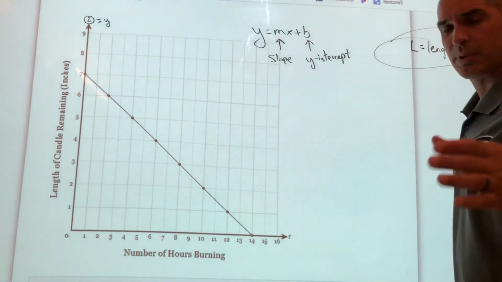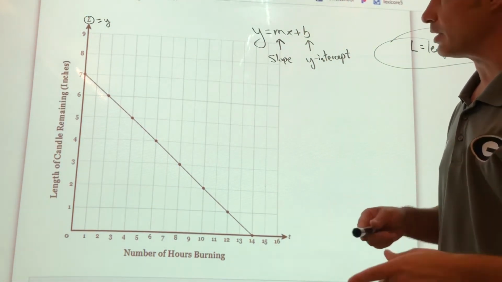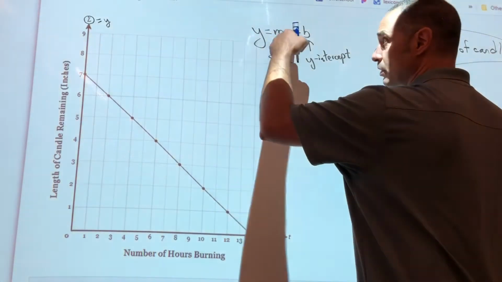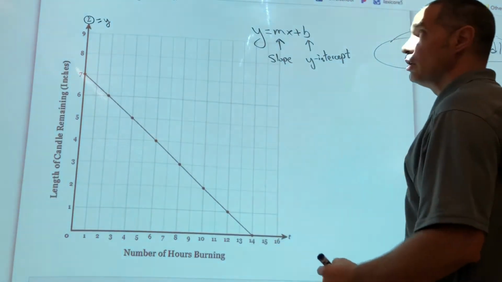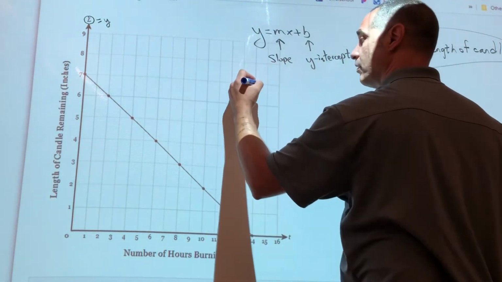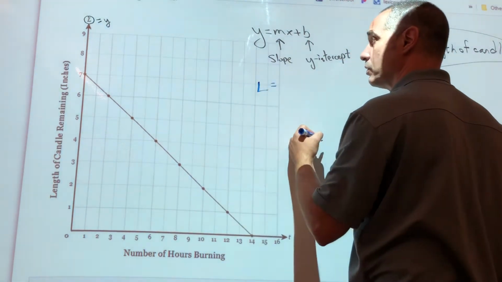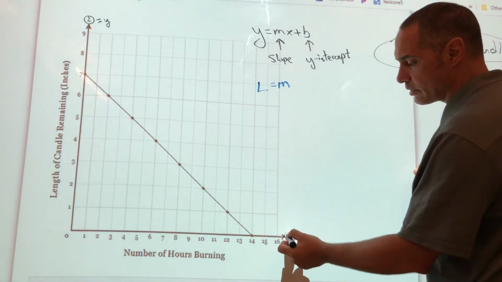But there's some other pieces of this equation that are really important, and one of them is that we know that y is equal to mx plus b, but they're not using y here, they're using L. So in this equation, instead of y equals mx plus b, I'm going to have L equals m, which is the slope.